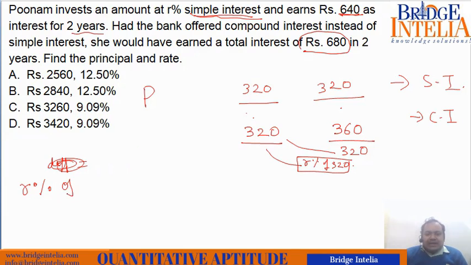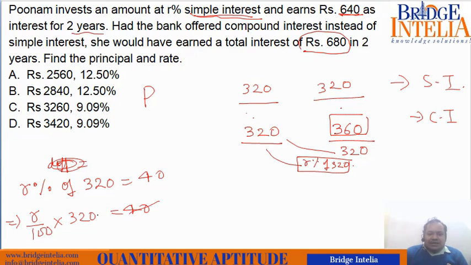So R percent of 320 is equal to how much additional you have got here? You have earned 40 rupees more. So R percent of 320 is equal to 40. Let's find R. So R by 100 into 320 is equal to 40. So 8 fours are 32, so R is equal to 100 by 8. So that is equal to 12.5%.